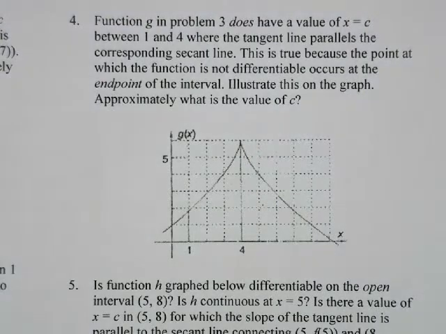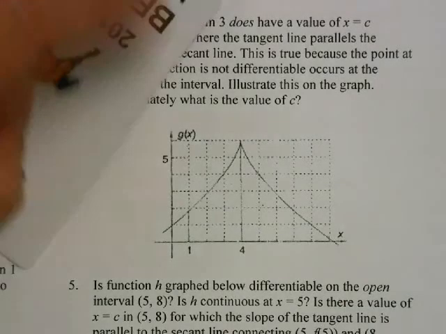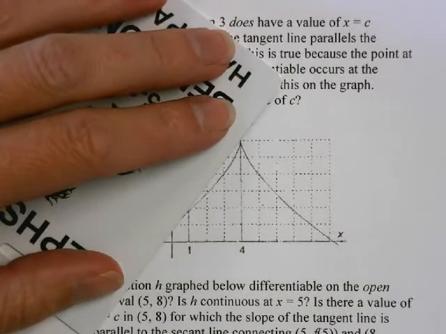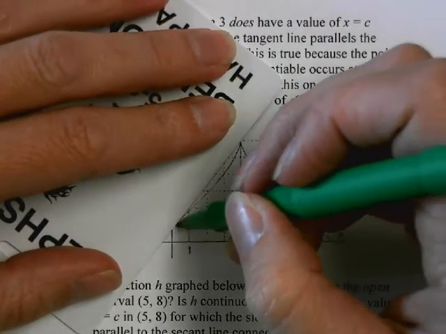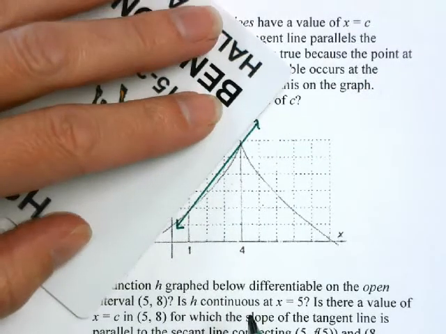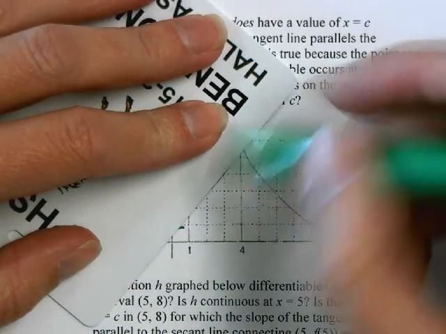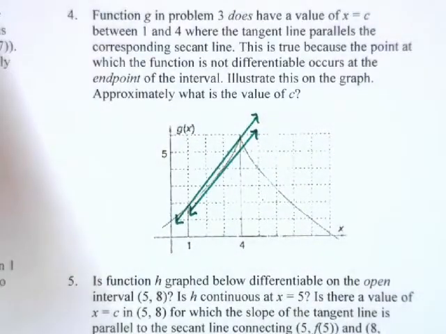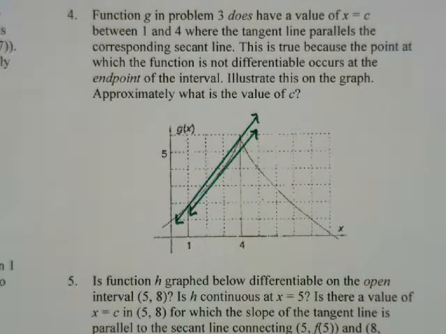This is the same graph. It says that it does have a value between 1 and 4 where the tangent line parallels the secant line. So let's look at this. If we look at 1 and 4 and draw that secant line, okay, there is a point about right there, I know it's kind of hard to see, where the slope is parallel.